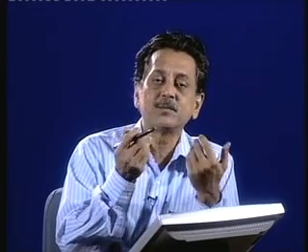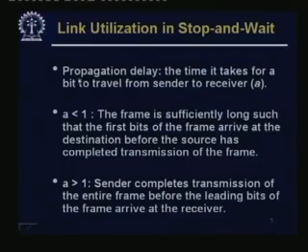By transmission time we mean the time from when the sender starts sending the first bit of the frame up to the time it transmits the last bit of the frame. This depends on the rate at which the sender is pushing the frame into the channel. We take it as a normalized value of 1, and that is one component of the time. The other component is the propagation delay.